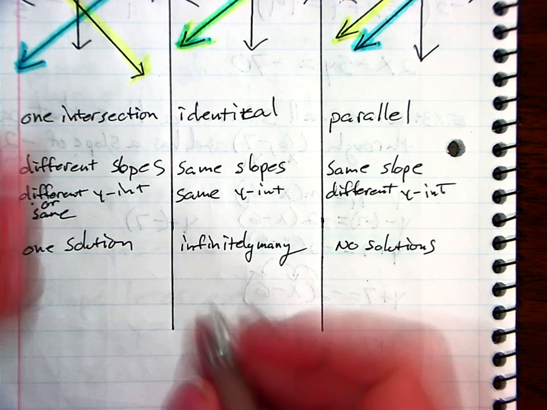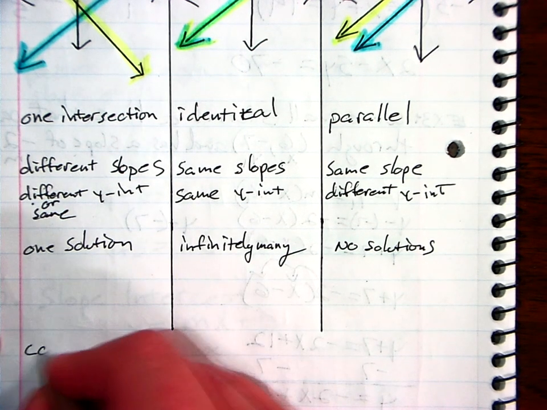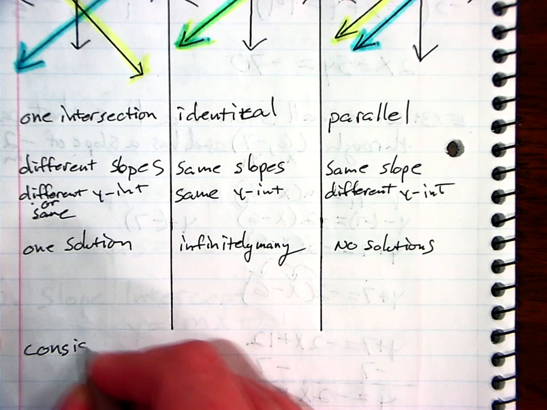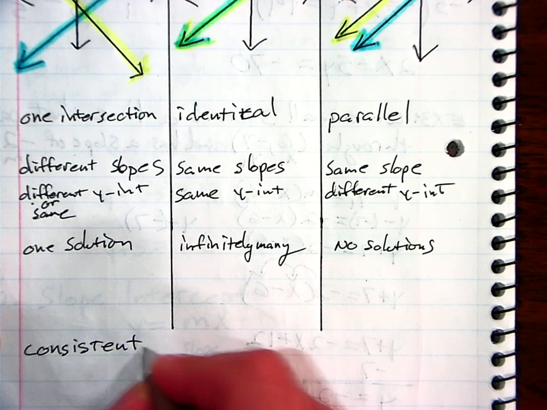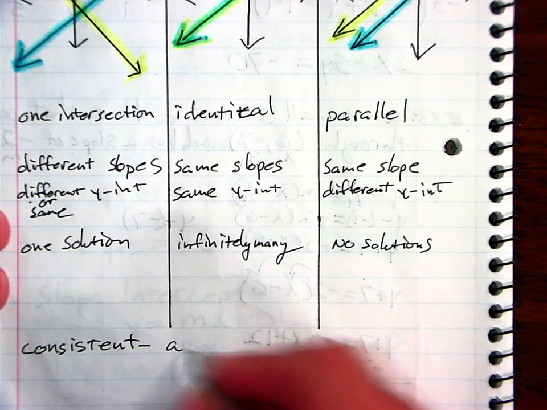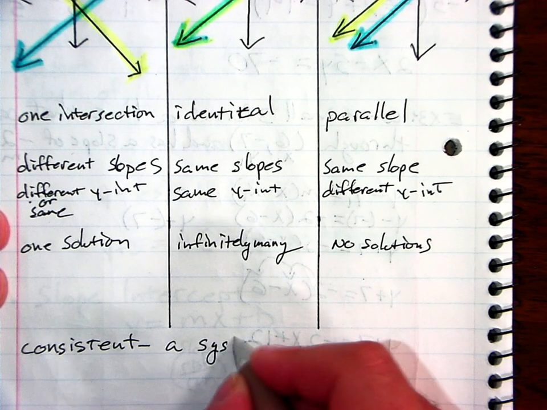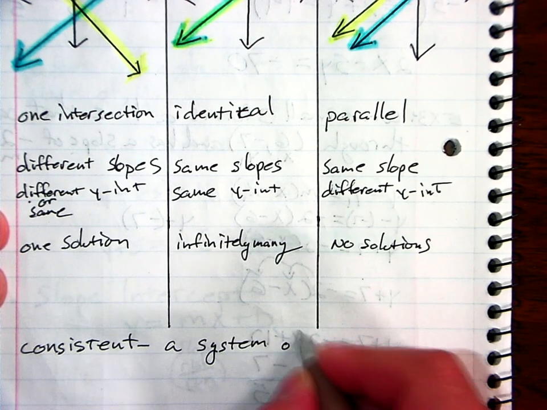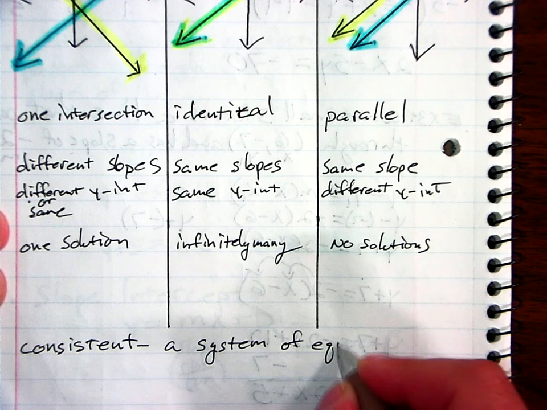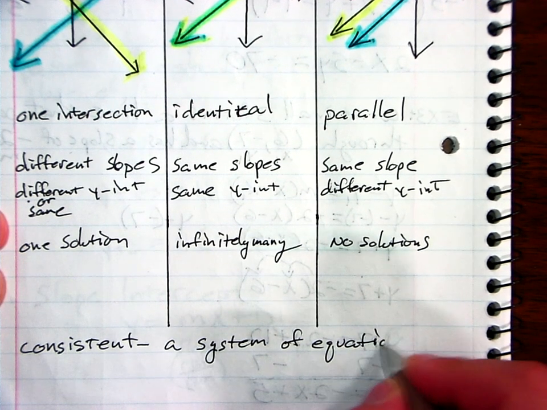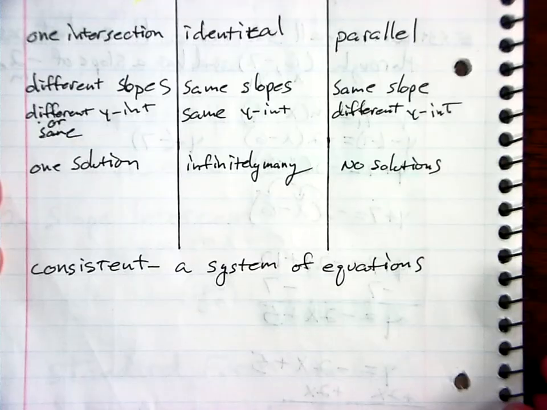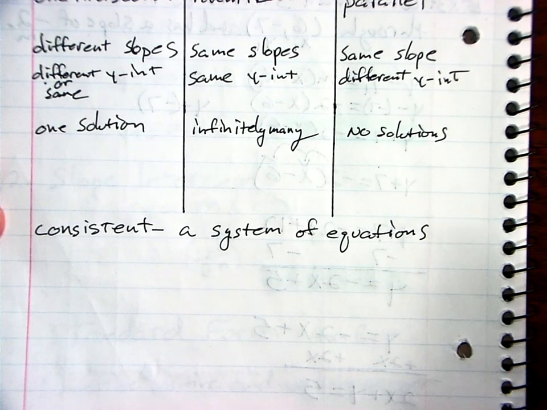All right, new word, consistent. A system of equations, it's ENT. I've looked it up like 8 times today.